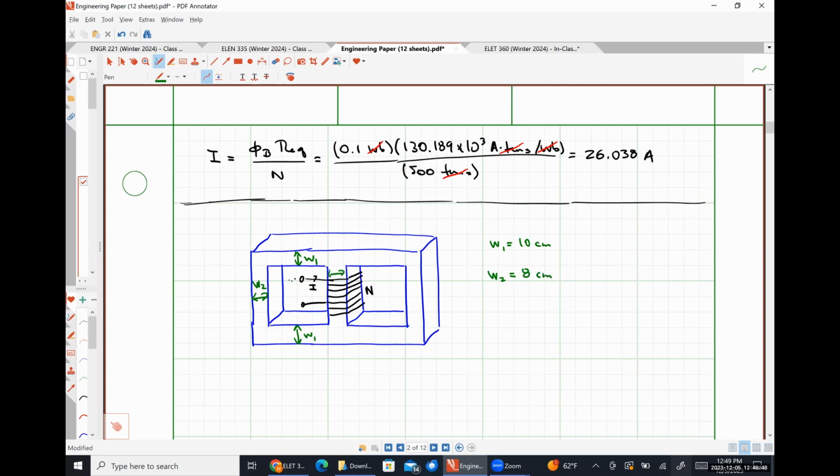And the middle and right leg also have widths of 8 centimeters. Our horizontal distance here, we'll call this L1, and that's going to be 80 centimeters. This distance here will be L2, 50 centimeters.